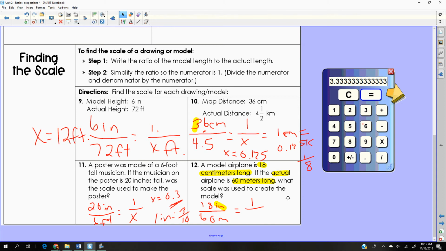So that means x equals 3.333. So that means 1 inch equals 3.33, or 3 1/3.